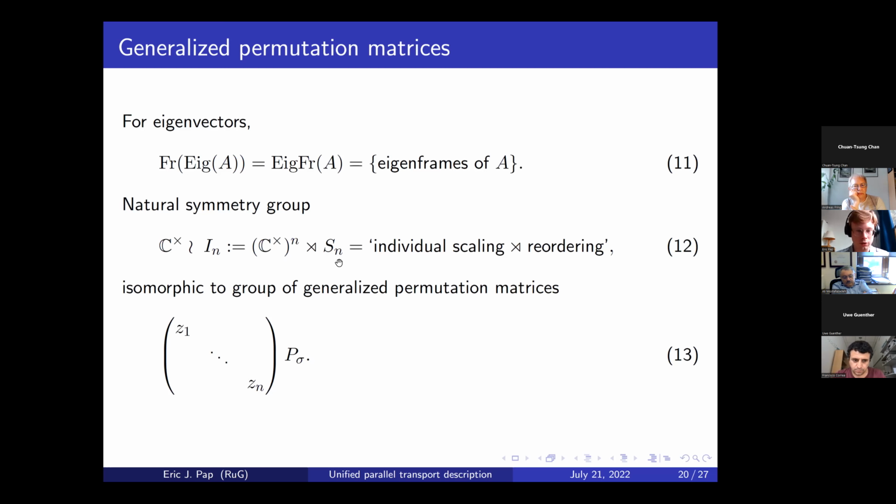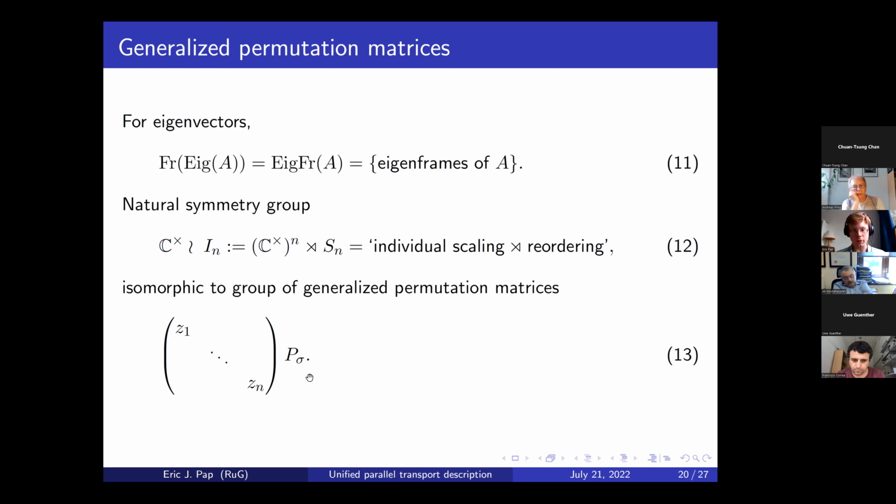And so for the case of C times, you may be more familiar with this group as the group of generalized permutation matrices. So you say, well, you pick a permutation matrix, but all the ones can be any non-zero complex number, or you view these as products of diagonal matrices with no zero on the diagonal times an ordinary permutation matrix.